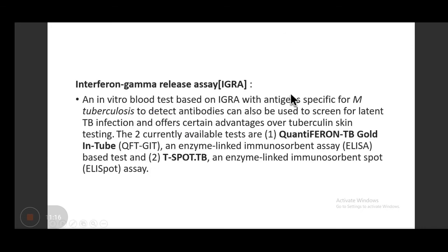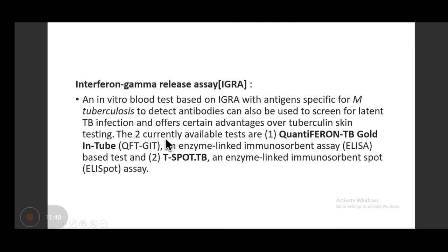Okay. So now instead of Mantoux, we have another test called the interferon gamma release assay. This is an in vitro blood test based on interferon gamma release with antigens specific for MTB. It can also be used to screen for latent TB infection, and offers certain advantages over tuberculin skin testing.